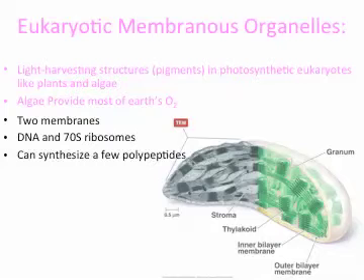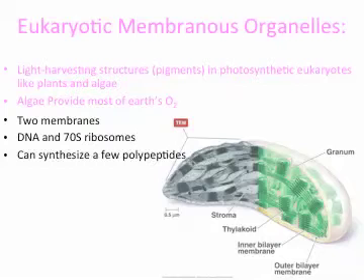So this is a chloroplast, and it shows things inside the chloroplast that we don't want to talk about now, but we'll talk about later. But it's just the light harvesting structure, the thylakoid and the granum, that harvest the light waves that come into the chloroplast, and then those light waves are used to make carbohydrates for the plant to eat, and also as a byproduct you get oxygen.